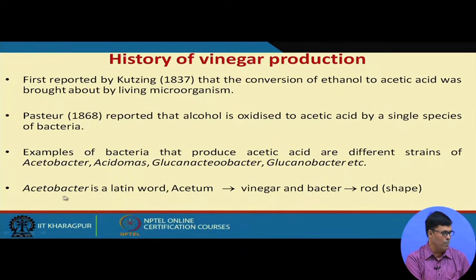So from the name, that is how they named it. Acetum stands for vinegar and bacter stands for rod shape, because if you see the microorganism under the microscope, it will be rod shaped. That is why it is a rod shaped, vinegar producing microorganism. That is Acetobacter. Okay.